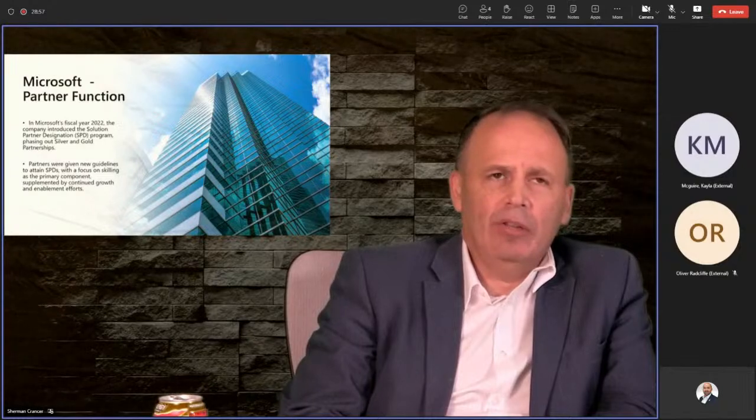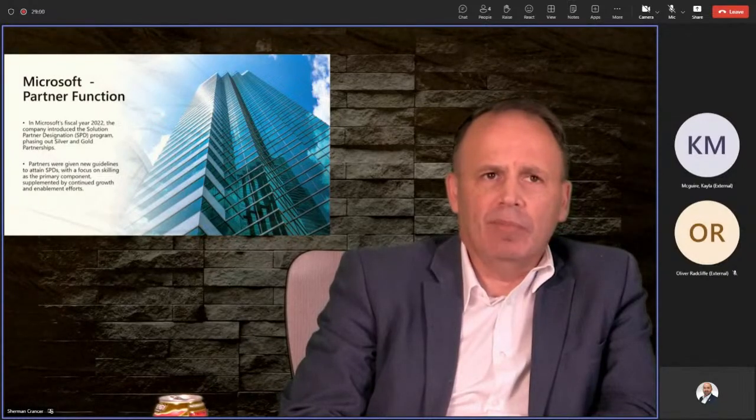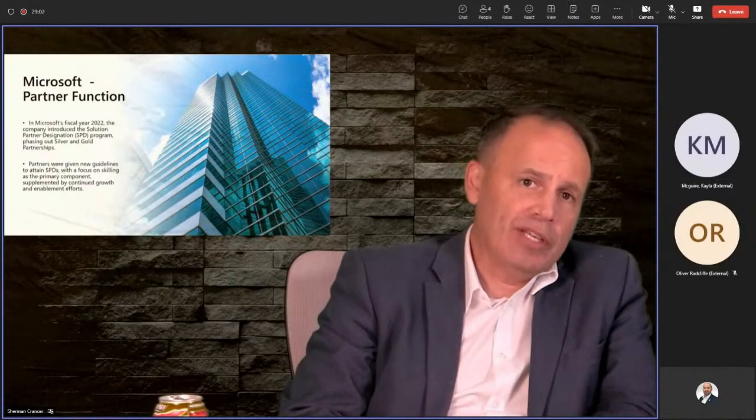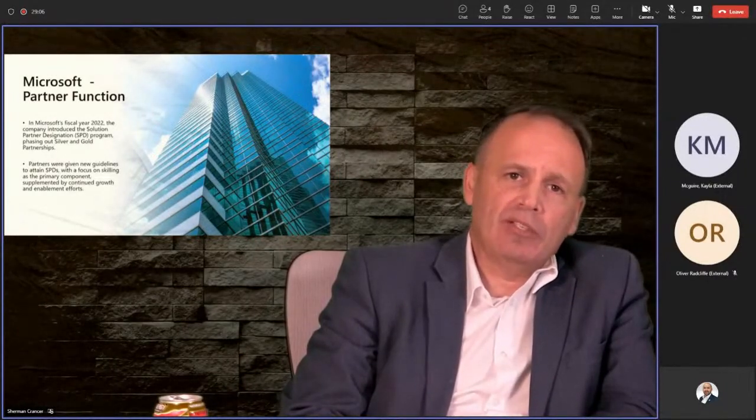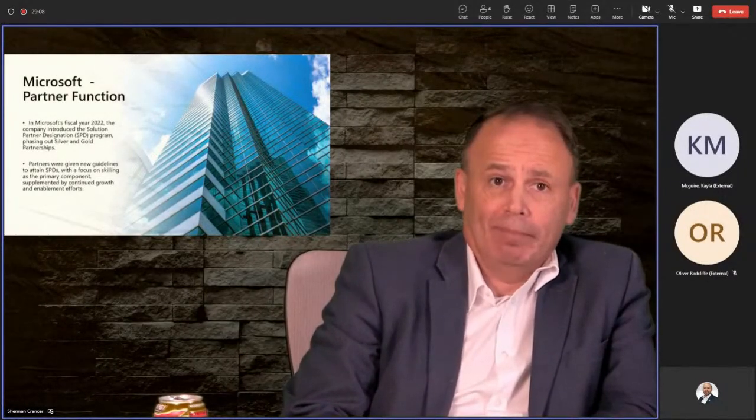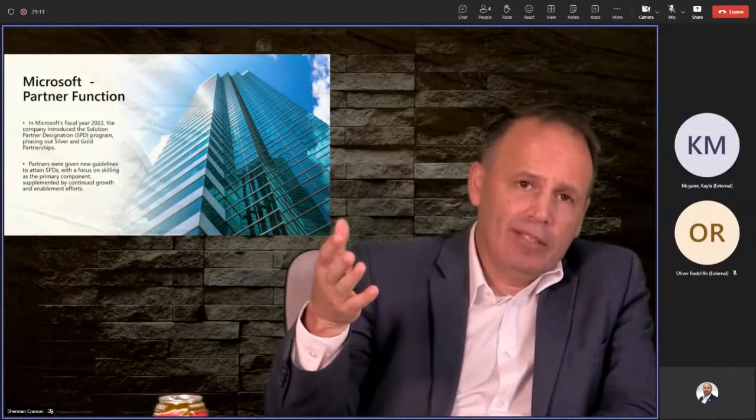So I think if we look at it from both perspectives, it's a great thing that they came out with solution partner designations, because we can't specialize in 6,000 workloads, but we can specialize in certain areas. Cool, right? Okay, so that's what I think is important.